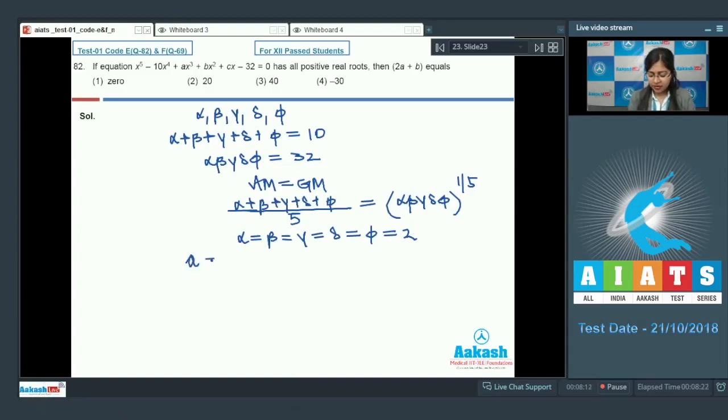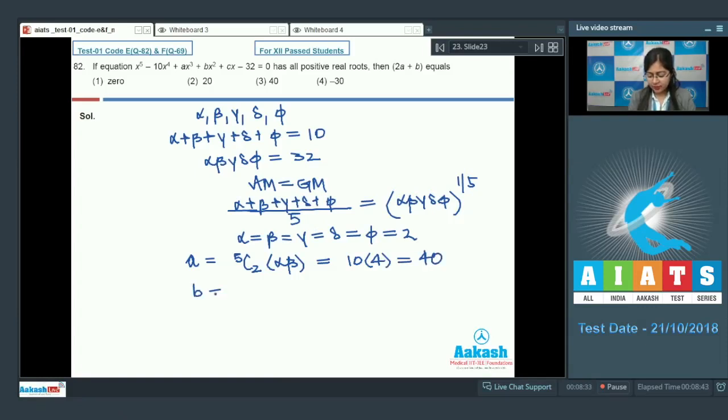Now a will be equal to product taking 2 at a time with a positive sign, right? Now we have 5 roots here, so product taking 2 at a time means that 5C2 into alpha beta, which will be equal to 10 into alpha beta is equal to 4, so this is equal to 40.